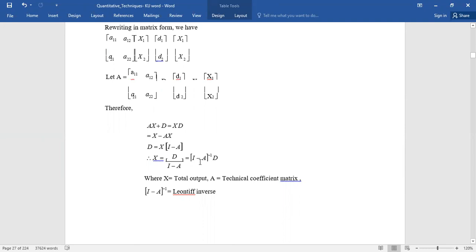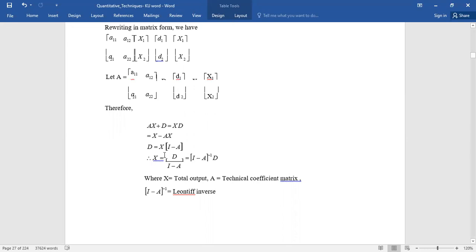At this point, our identity matrix, the 1, 0, 0, 1, is supposed to be subtracted from the technical coefficient matrix. So you need to get the determinant, because it's the determinant that will help us.